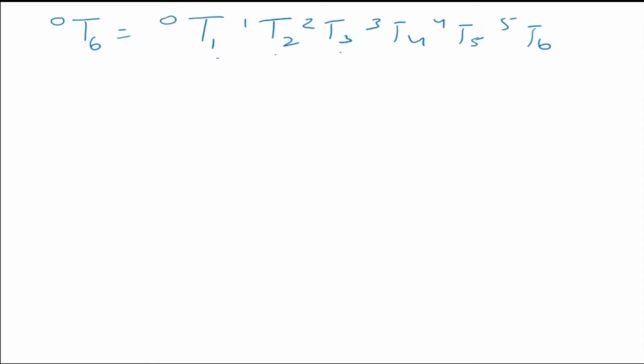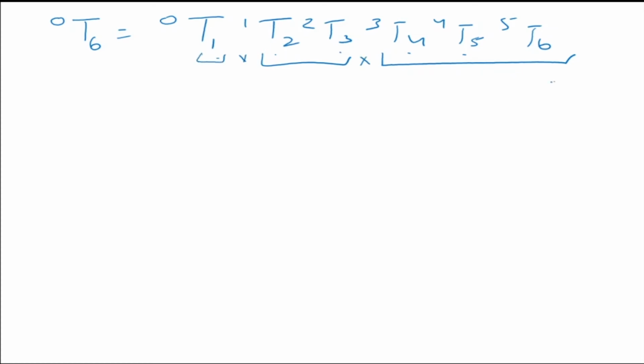So what we say is T0 to 6 is equal to T0 to 1, T1 to 2, T2 to 3, T3 to 4, T4 to 5, and T5 to 6. So there are 6 of them: 1, 2, 3, 4, 5, 6 matrices. How we multiply is we first multiply these 3 matrices. Then we multiply these 2 matrices and then these 2, and finally lastly we multiply that 1 matrix.